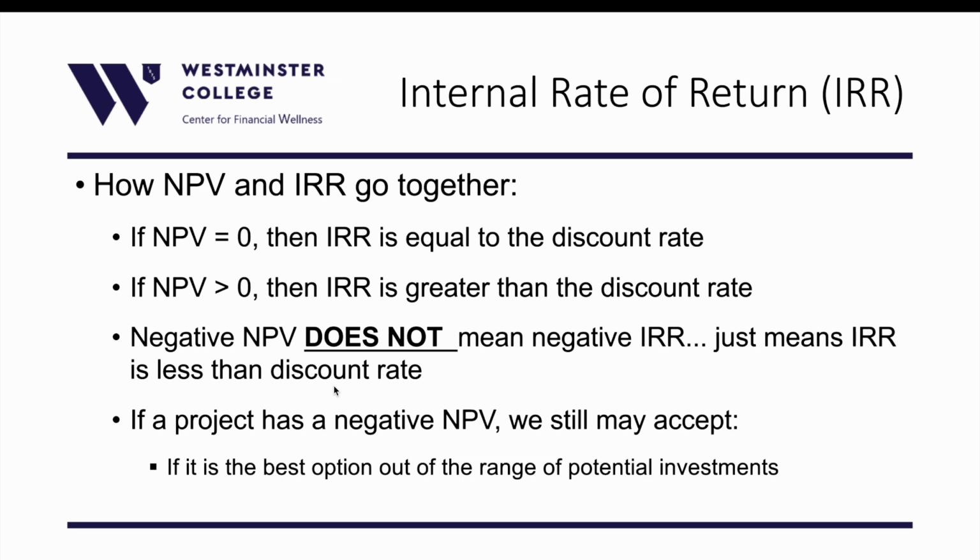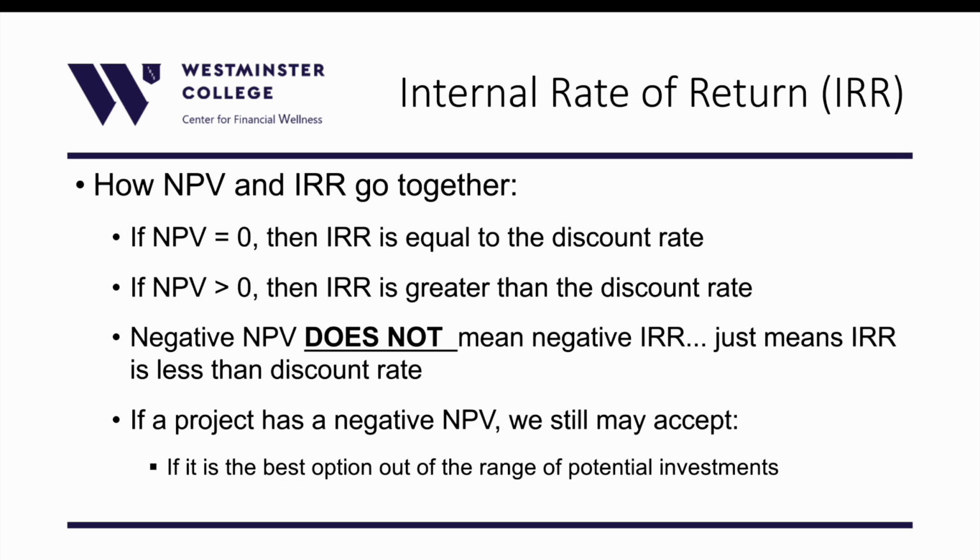Now, if a project has a negative NPV, like we were just talking about, we might still accept it. So let's say that espresso machine was a negative NPV. It has that 9% or whatever IRR that's less than our 10%. Maybe we will still accept it if it's the best option out of a range of potential investments. So let's say we're considering 2 different investments.